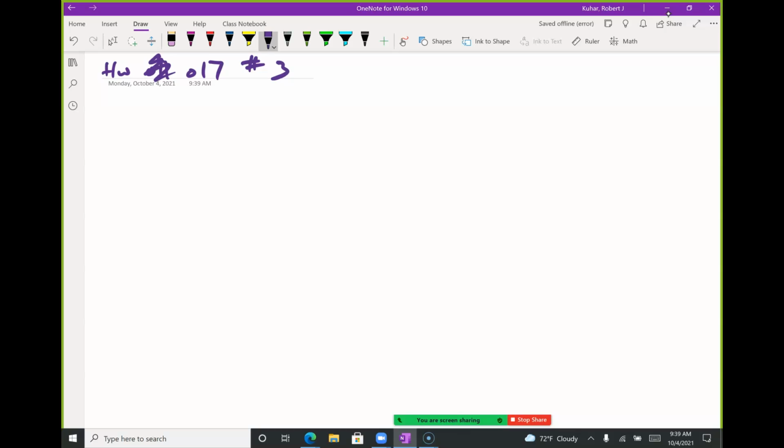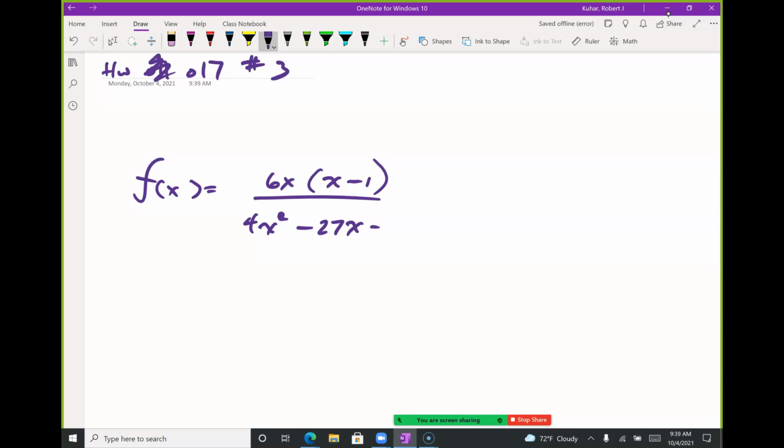And I've got the function f of x equals 6x times x minus 1 over 4x squared minus 27x minus 7. So I see that the top is already factored, which is nice. But I want to be able to see this whole thing as standard form and factored form and then reduced form.